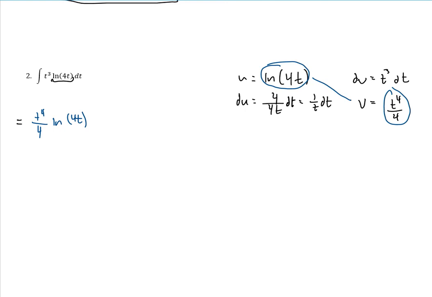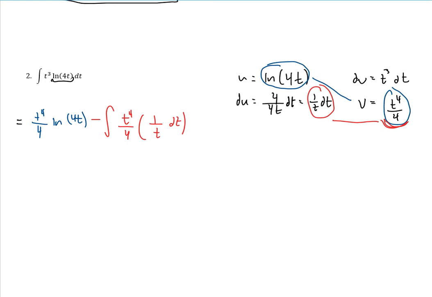And then always minus, let's do the simplified one with that one, straight across. So diagonal, straight across, but minus the integral. So don't forget the integral symbol. Put that integral symbol in there. And then we have whatever order. Let's put the t to the 4 over 4 first. And then it's timesing the 1 over t dt like that.